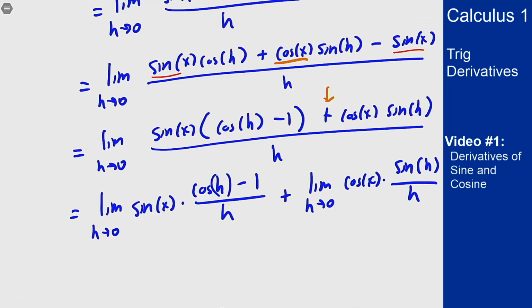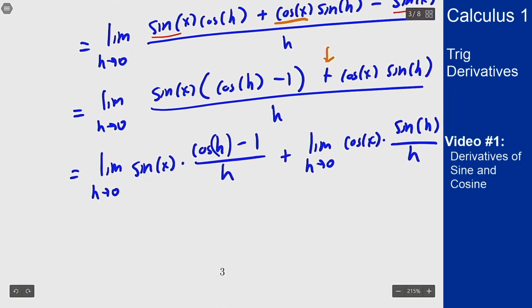Now what happens here as h goes to 0? Well, as h goes to 0, sine of x doesn't change. So sine of x just becomes sine of x. No big deal there. What happens to this limit here as h goes to 0? Well, that's one of our special trig limits. We know that cosine of h minus 1 over h, or 1 minus cosine h over h, as h goes to 0, goes to 0.